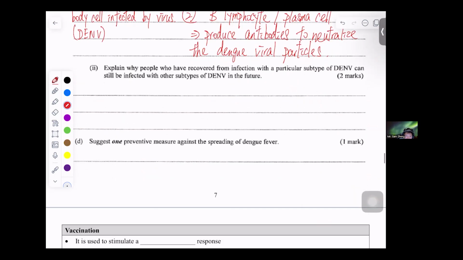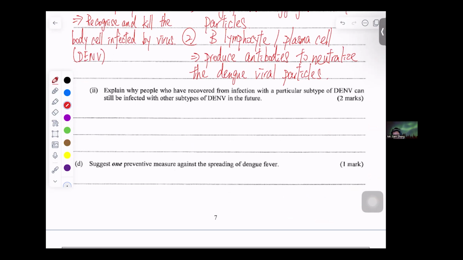Now then, explain why people who have recovered from infection with a particular subtype of dengue fever can still be infected with another subtype of dengue fever in the future. That is because different subtypes, that means what would be the difference on their surface?